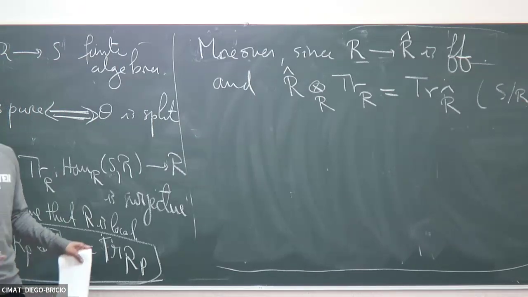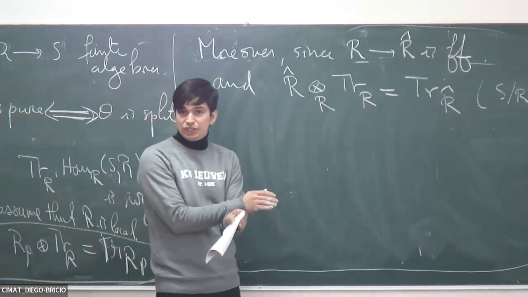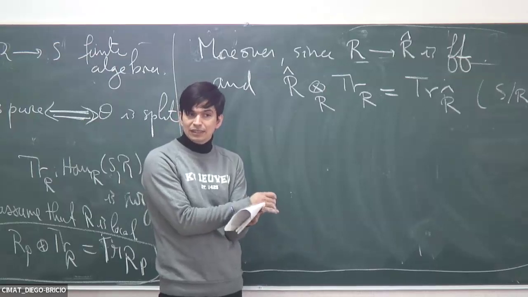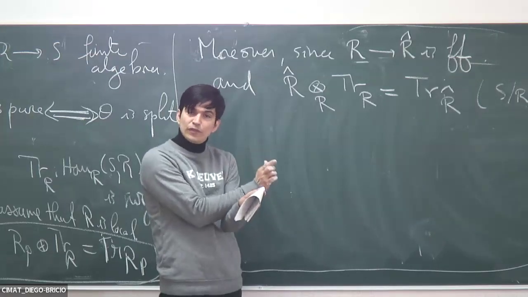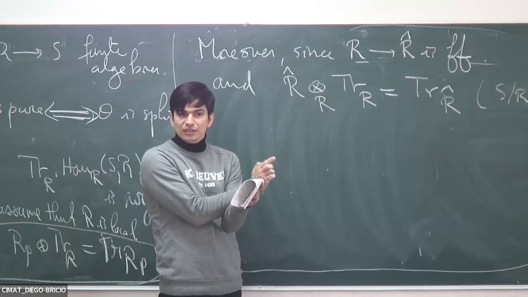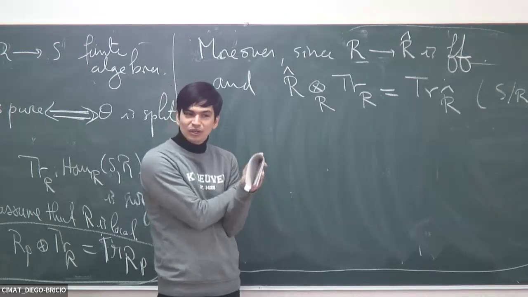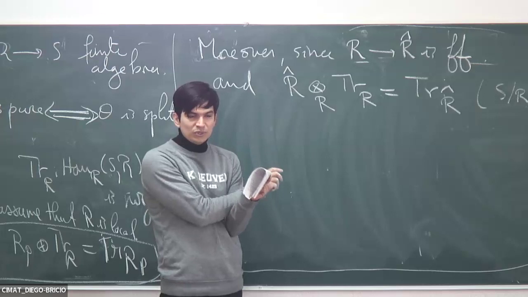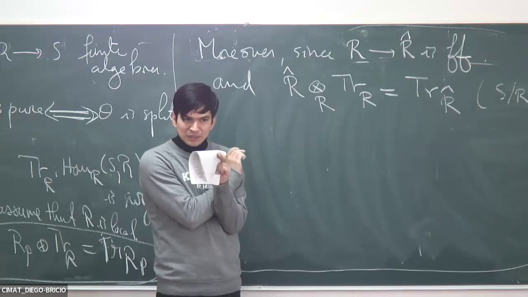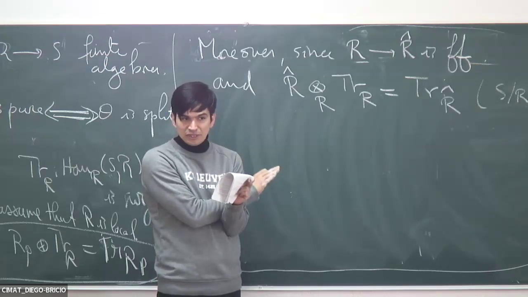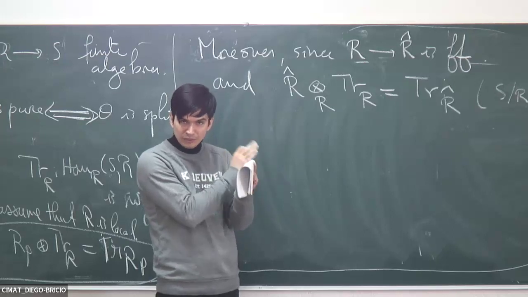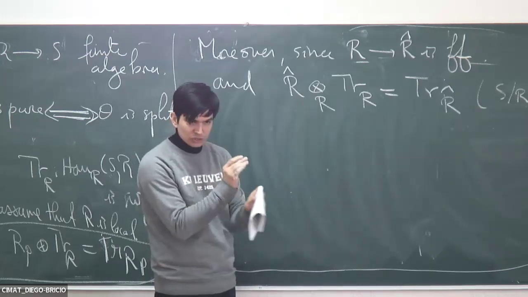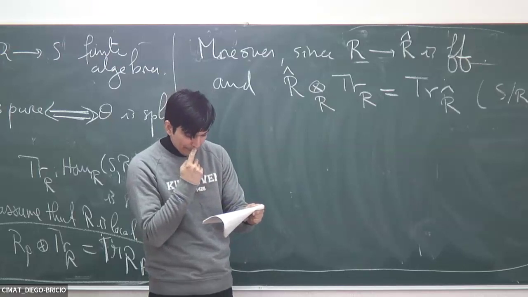Remember that Hom doesn't commute with flat base change unless the source of the Hom is finitely generated. I want to stress this so much. Okay? I don't want you to make a mistake in one of your papers by commuting flat base change with Hom without checking that your sources are finitely generated. It's a common mistake.